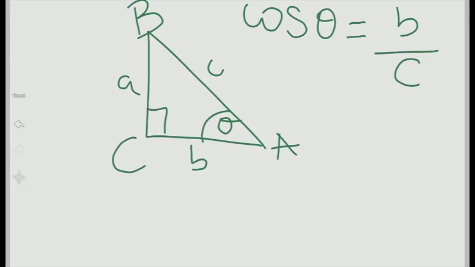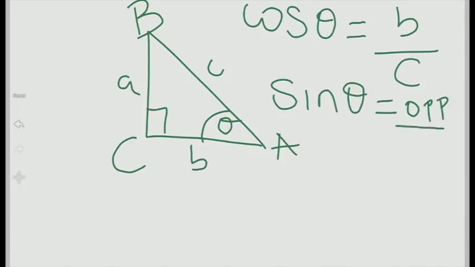We know the hypotenuse is the longest side of the right-angled triangle. Then sine theta is equal to opposite over hypotenuse.